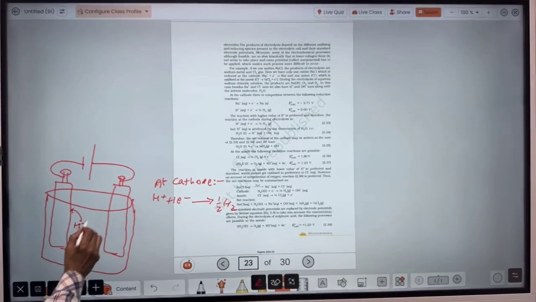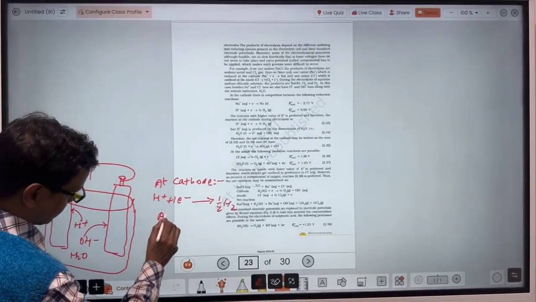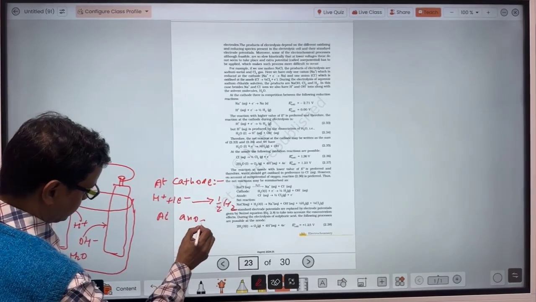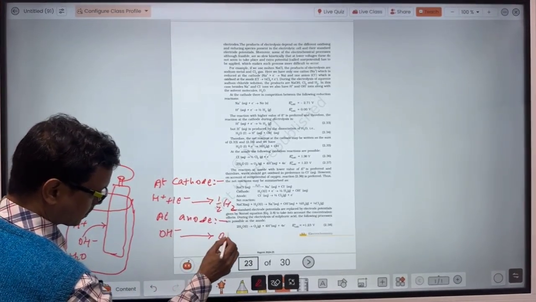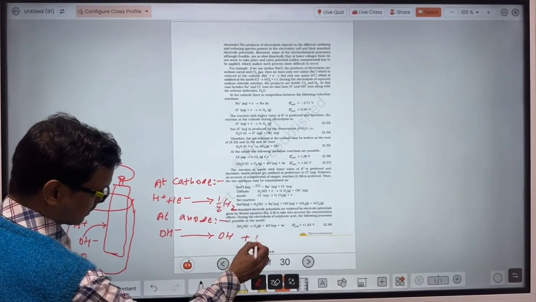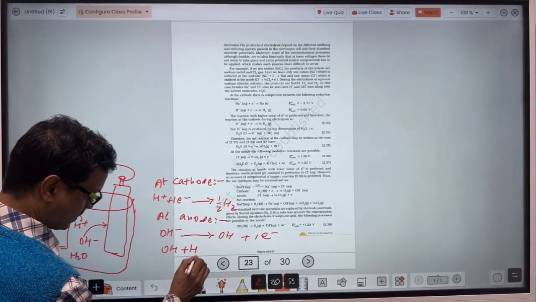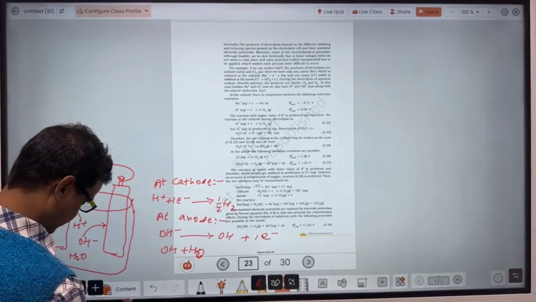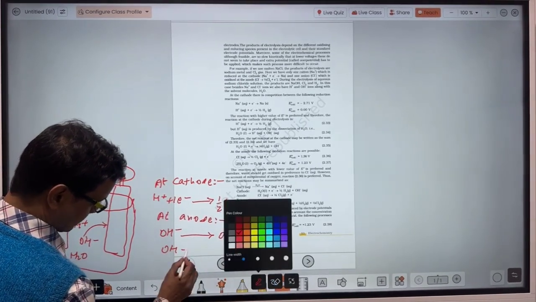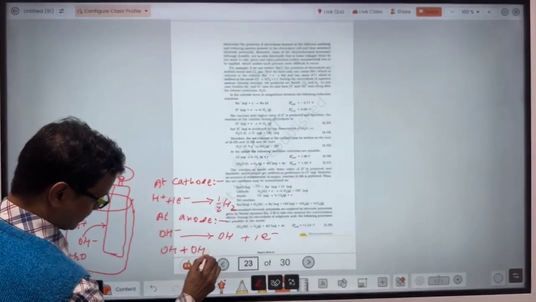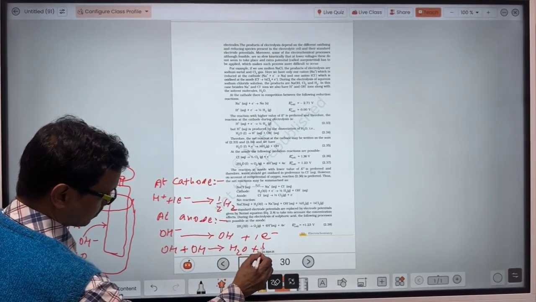Then at the anode, OH minus ions will get attracted. OH minus will lose the electron, convert to OH, and the two OH will combine together, and as a result there will be formation of H2O and half O2.